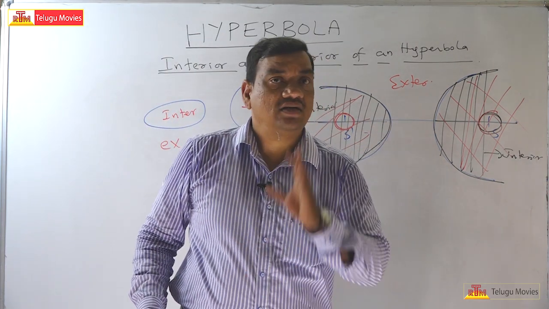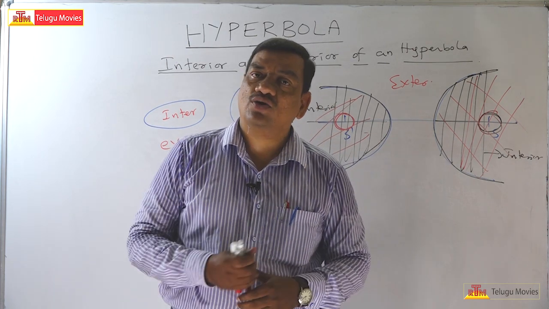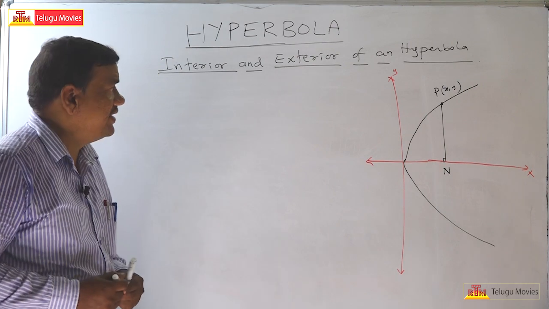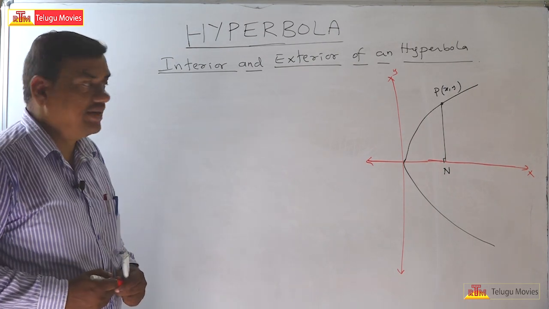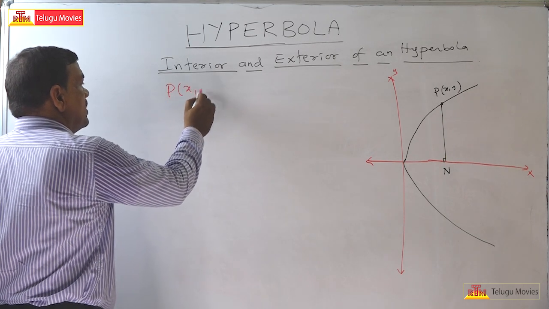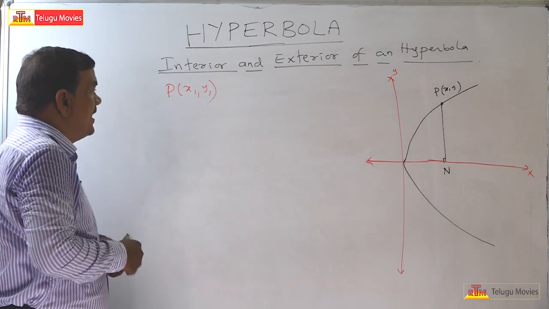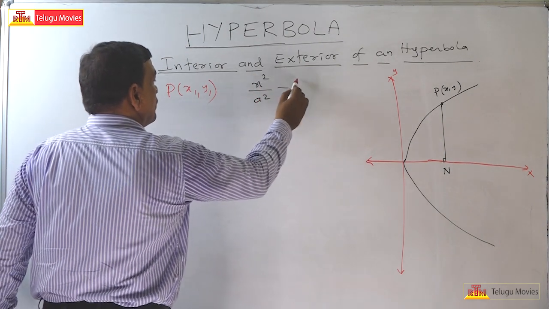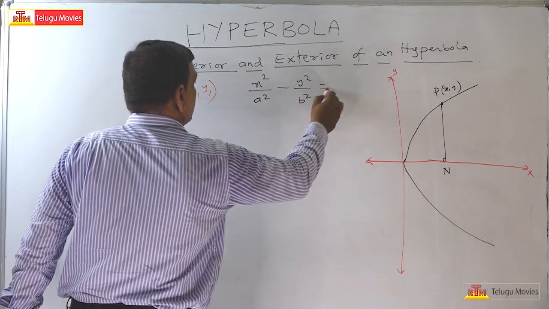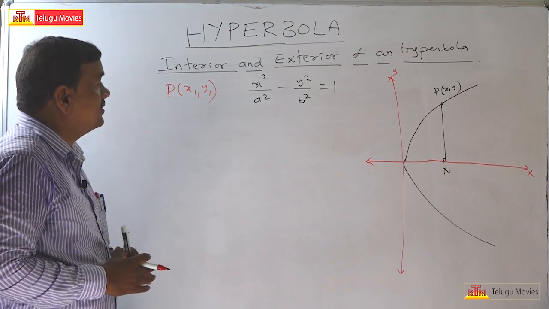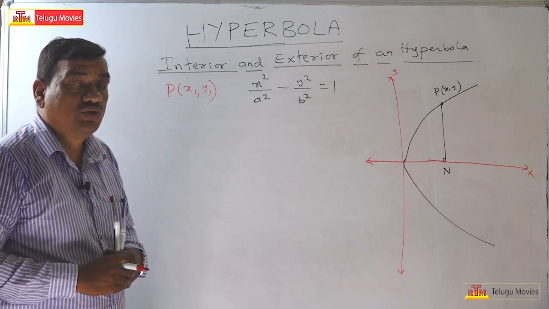So let us see that. This is a very important concept. Given a point x1, y1 and the hyperbola x square by a square minus y square by b square is equal to 1, how do we decide whether this point lies in the interior or exterior without tracing the graph?